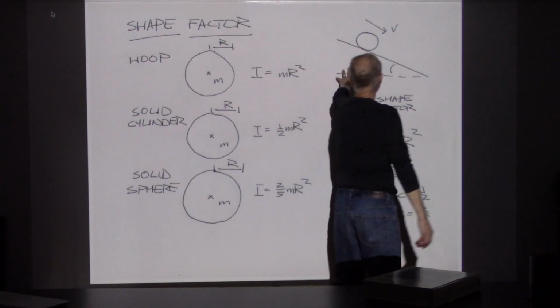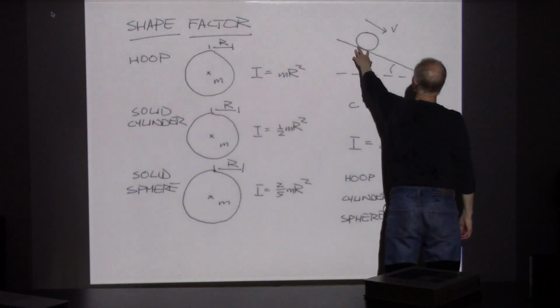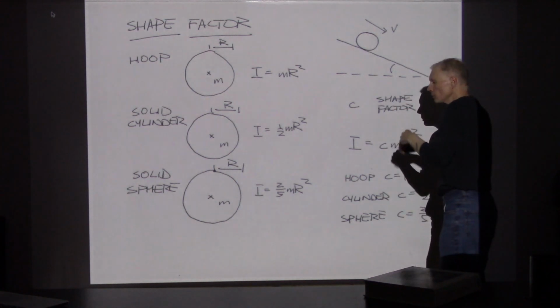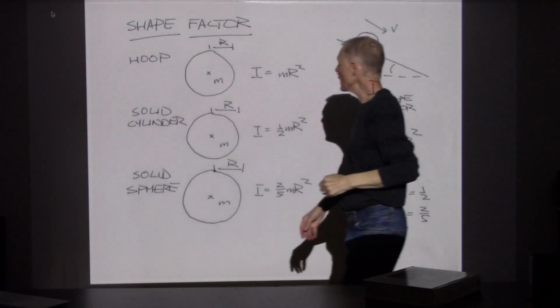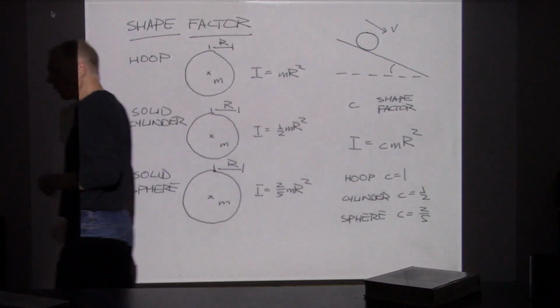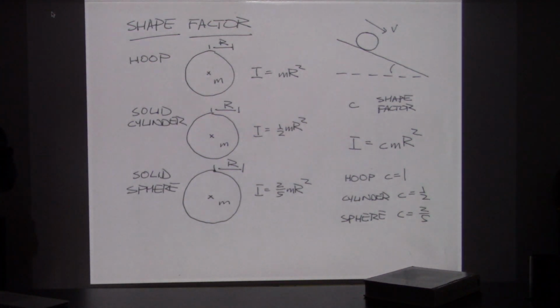Let's say that we have a ramp, and we have a round object, and we're going to let go and see how fast it comes down the ramp. Will all round objects go down the ramp at the same speed, or the same acceleration, I guess is what we should really say? Will all round objects have the same acceleration?